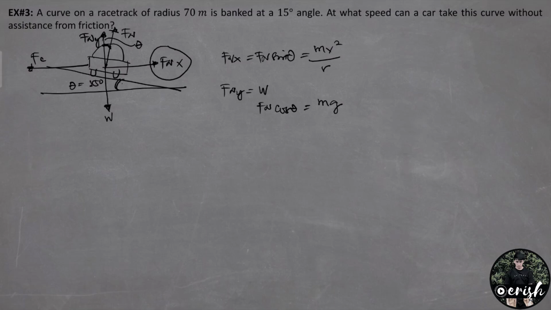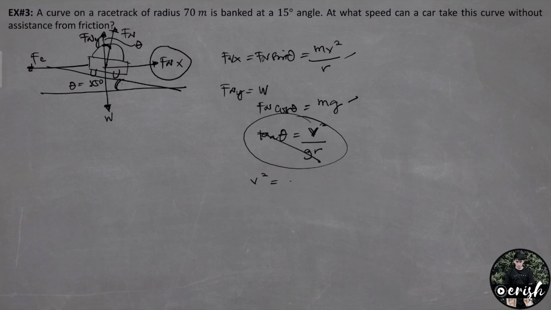Kagaya ng ginawa natin dun sa explanation natin kanina sa bank curve, when we divide this equation by this equation, we will obtain tangent theta equals v square over gravity times radius. And using this equation, dito na natin masasolve yung velocity. So, we cross multiply.